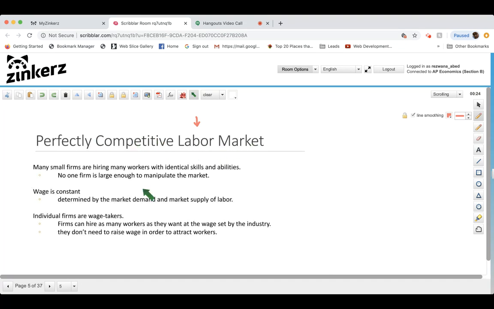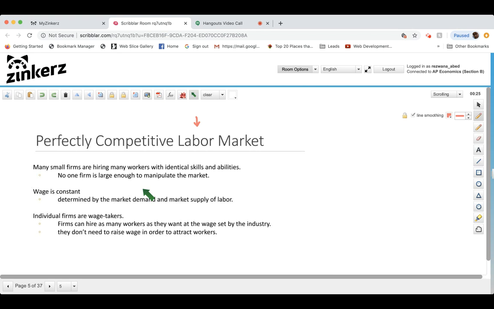So first, if it is perfectly competitive, it means that it is comprised of many small farms. And they're hiring many workers that have identical skills and abilities. So there are many small farms that are hiring workers, and those workers have identical skills and abilities.